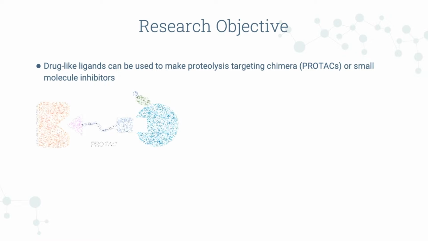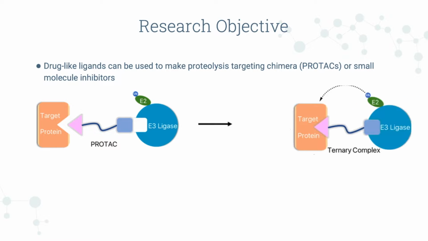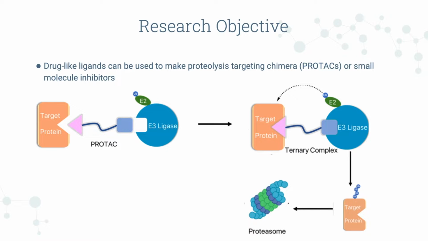PROTACs are two molecules bound together by a linker to form a two-domain overall structure. One domain of the PROTAC binds to an E3 ubiquitin ligase, and the other binds to the target protein. Once bound, the PROTAC allows the target protein to come into close proximity to an E3 ubiquitin ligase, which can then polyubiquitinate the target protein, leading to its subsequent proteasomal degradation.